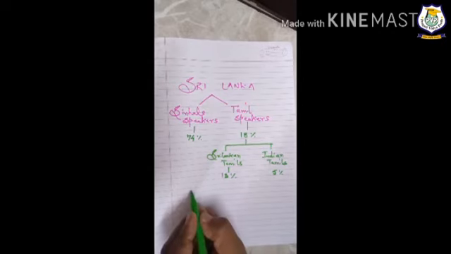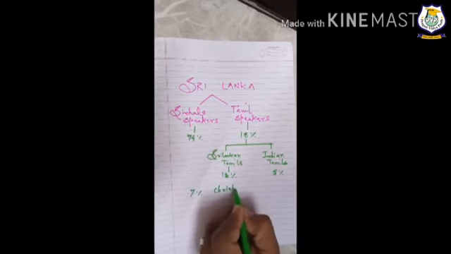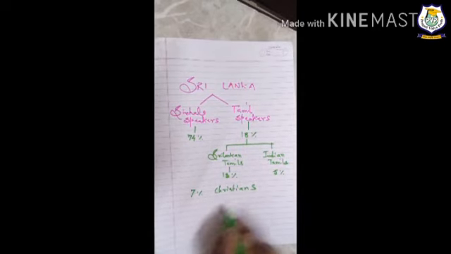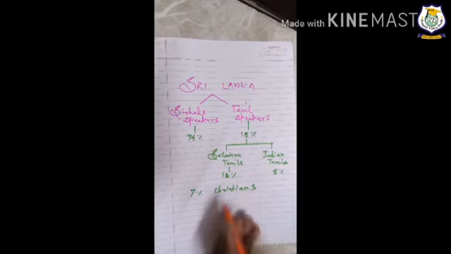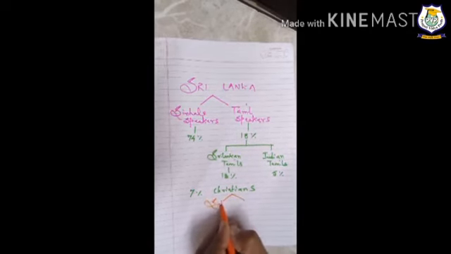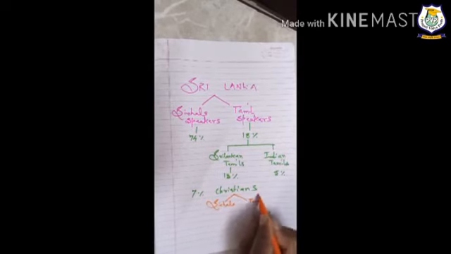Now, apart from these, 7% Christians are there. And these Christians may be Sinhala speakers or Tamil speakers.